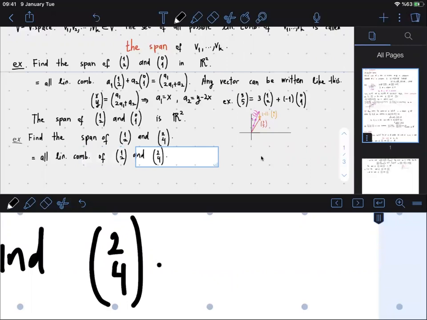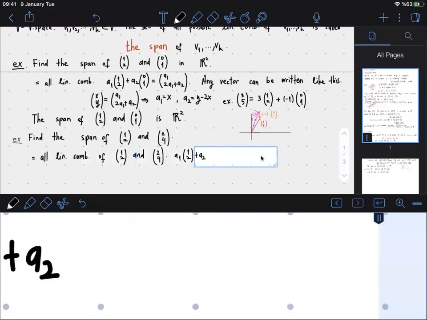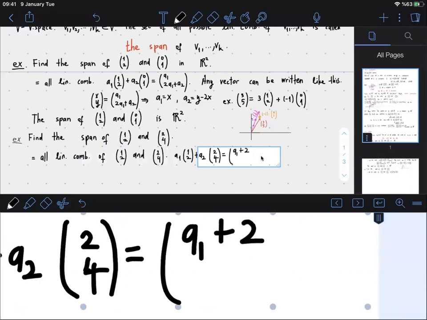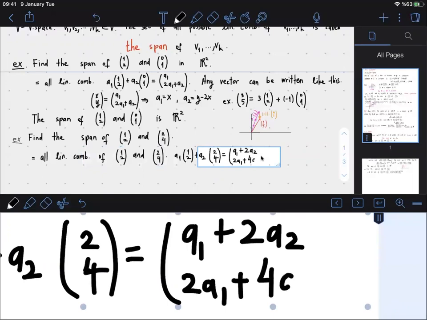So I have to write a1 times the first vector plus a2 times the second vector. If I look at it, what do I get? I get a1 plus 2a2 and 2a1 plus 4a2. So you see there's a relation between these two components now.